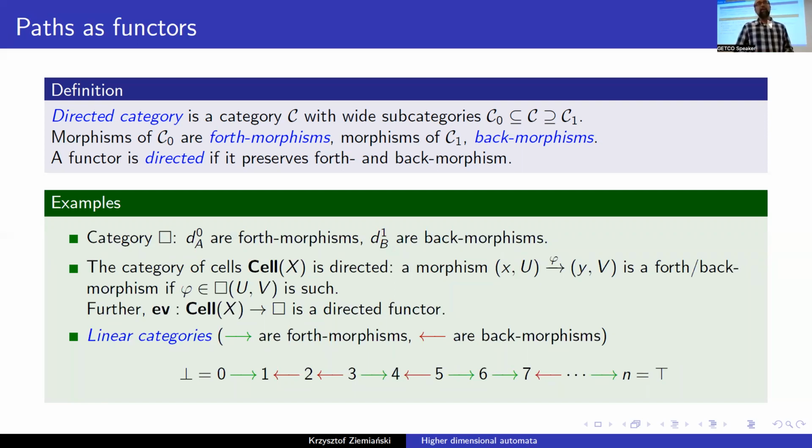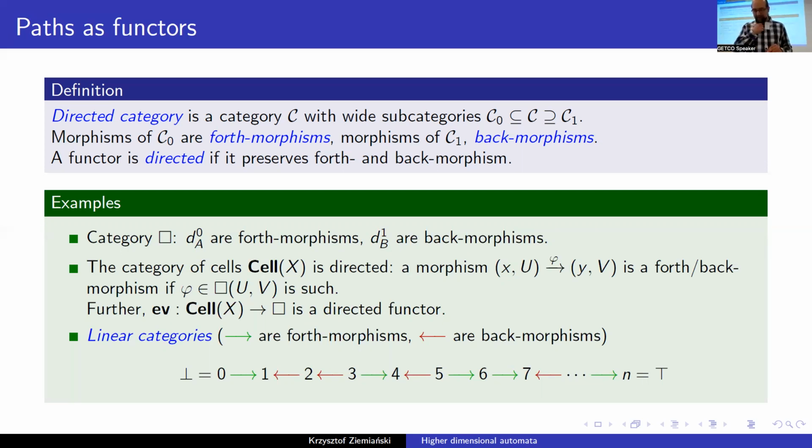So the precubical category is directed because it has some forward morphisms, D0, and some back morphisms, D1. Of course, the cell category of every precubical set is also directed because in the cell category, all morphisms project to the precubical category. So if your image is forward, then your morphism is forward, and vice versa.